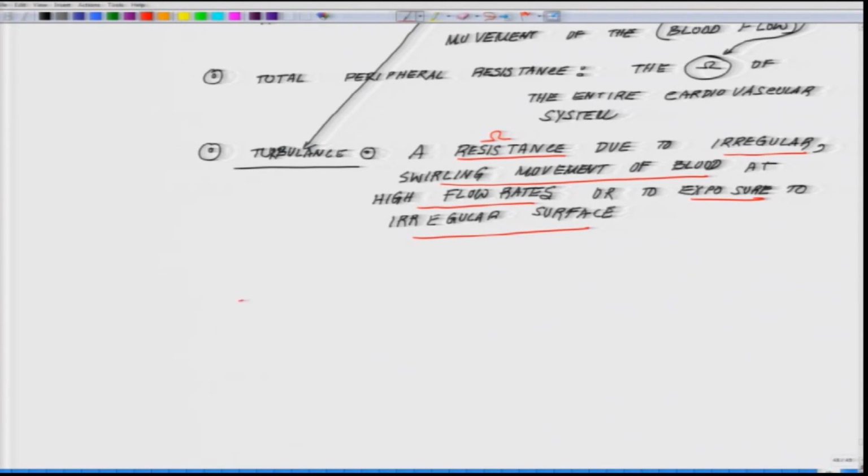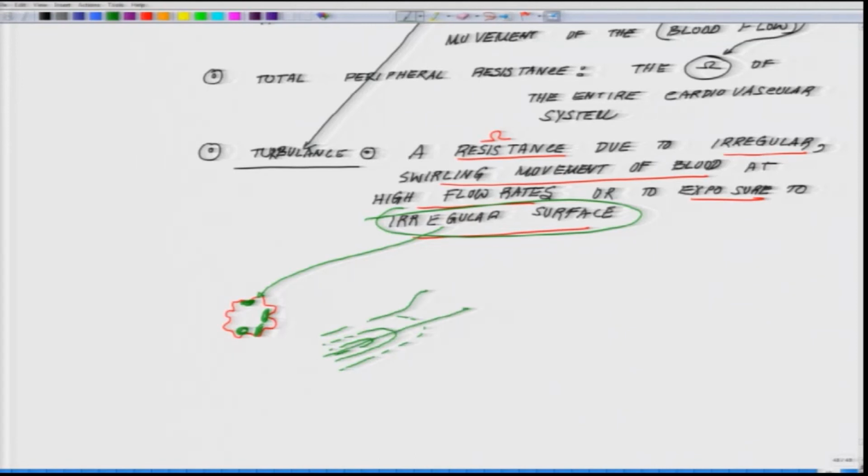Now, this is say the original surface. On this you have, for example, deposition places. This deposition ensures this becomes an irregular surface. Because of this irregular surface, the flow of the blood, which otherwise was following possibly a laminar profile, has now started to take a different kind of geometry, which essentially means irregular swirling motion of the blood.